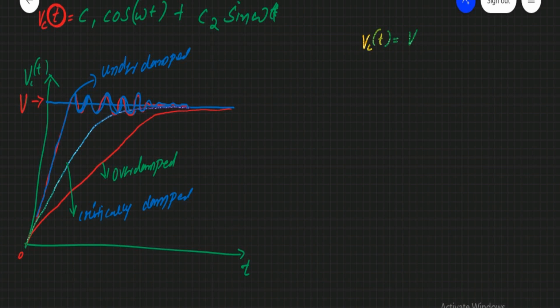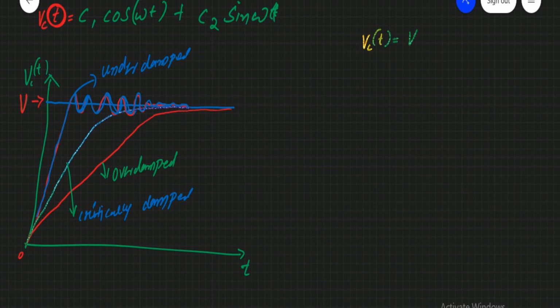This middle line indicates your critical damped, and this blue line indicates your underdamped. In the overdamped, you don't have any oscillations. In critical damped also, there are no oscillations, but in the underdamped, you are going to get some oscillations, and these oscillations are dying out after the settling period.